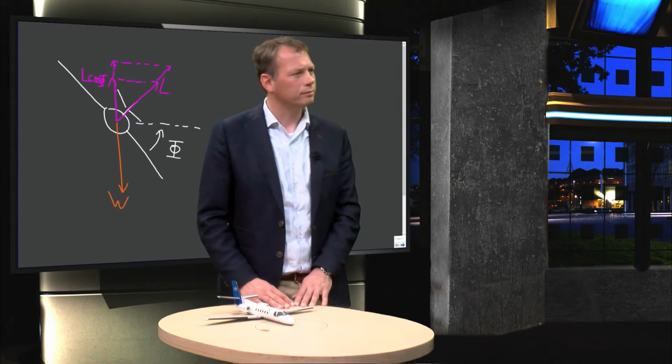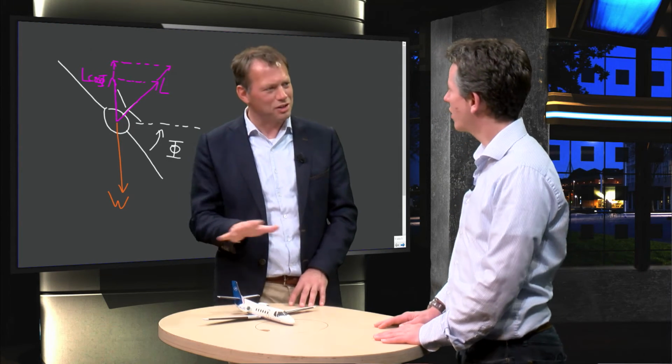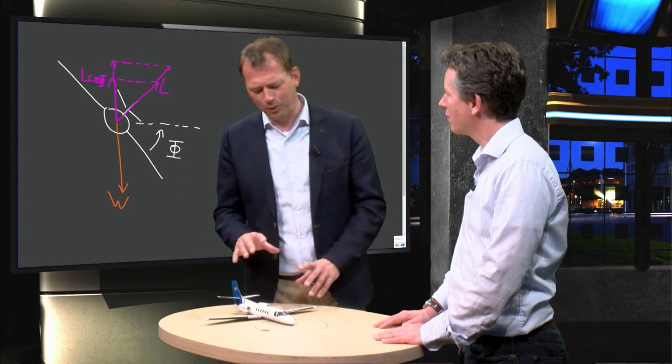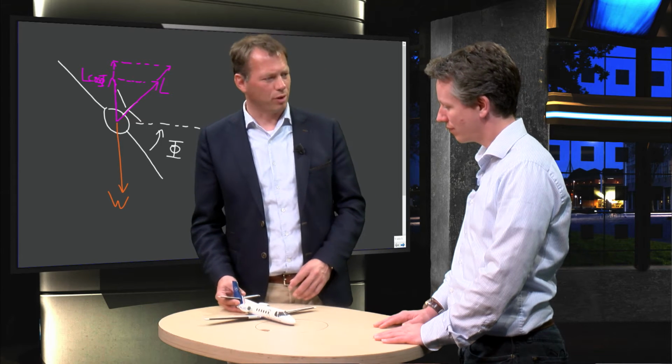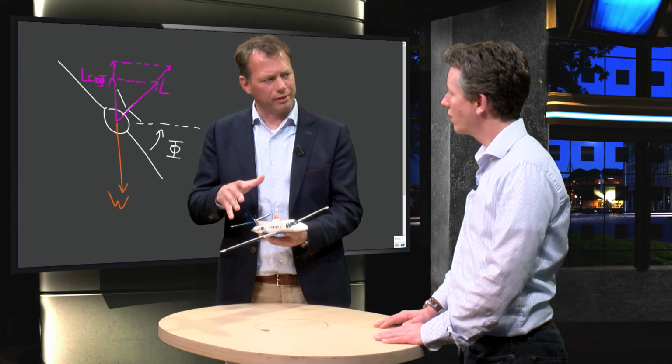Okay. Now, since during a turning flight we're changing the heading, I would wonder, do you also make use of the vertical tailplane and the rudder during such a maneuver? Yeah, but we do not use it to change our heading, but we use it to counteract some effects. If you start to roll, you deflect the ailerons.